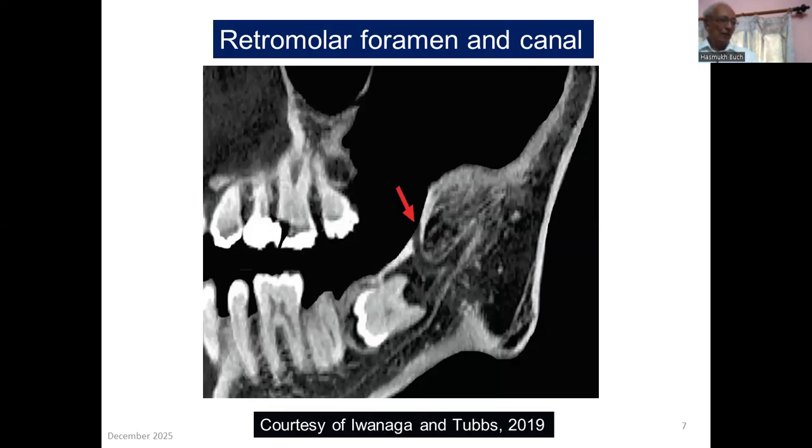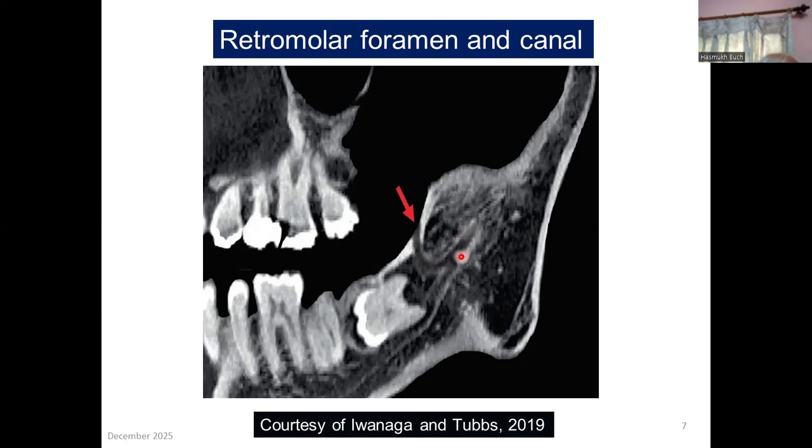Now look at the retromolar foramen and canal. Here, this is the foramen, and this is the canal, the retromolar canal, taking origin at that level.